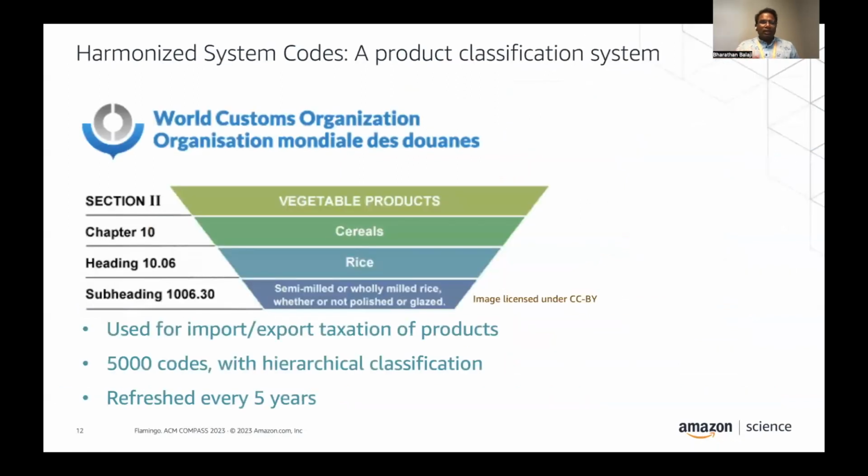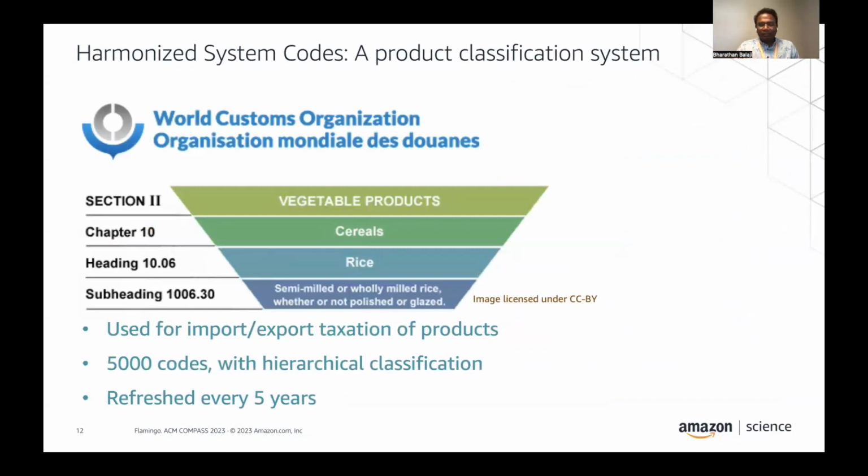We use the harmonized system codes as the intermediary layer because it's a well-established system developed and maintained by the World Customs Organization for worldwide import-export taxes. An example is shown here where all the products are organized in a hierarchical manner, and we have vegetable products at the top.